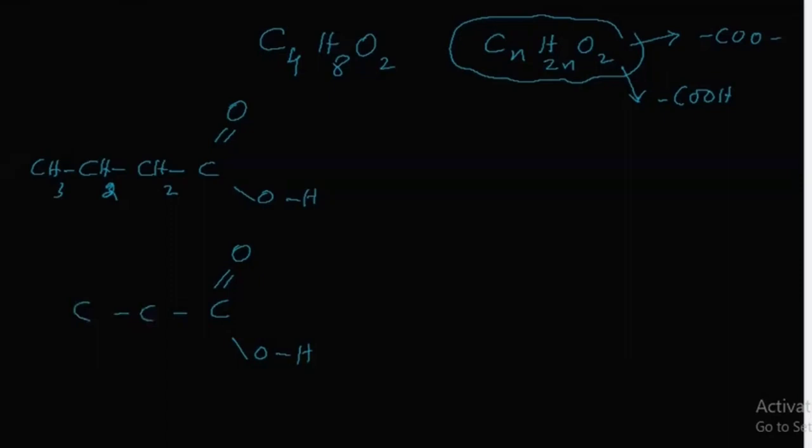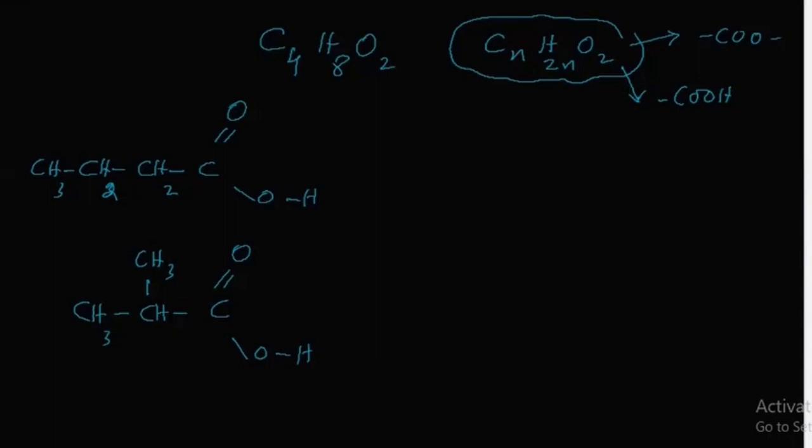You can't attach the carbon atom with the terminal carbon because you will get the same structure. So you can add the carbon with this carbon, and you will get this type of structure. These two structures are different, although they have the same molecular formula, they have different structural formulas. So that's why they are isomers. So these are the two different forms of carboxylic acid.